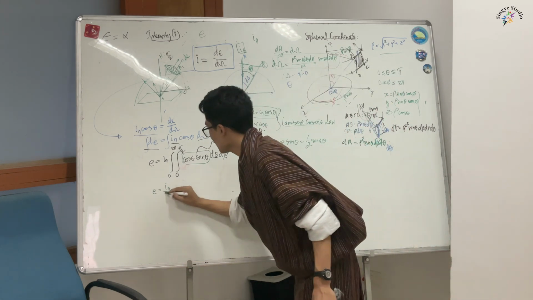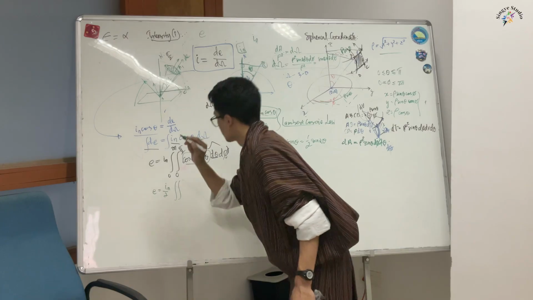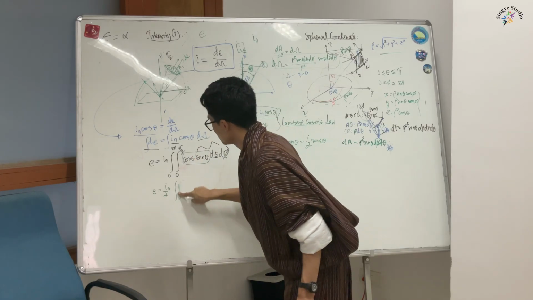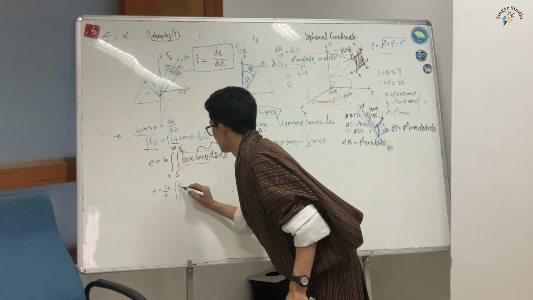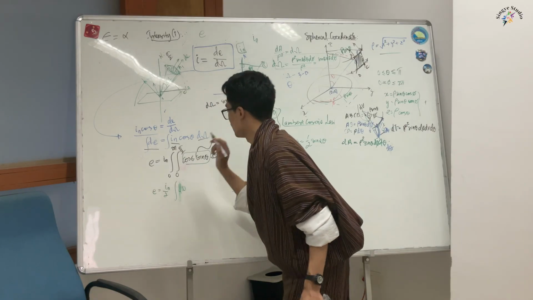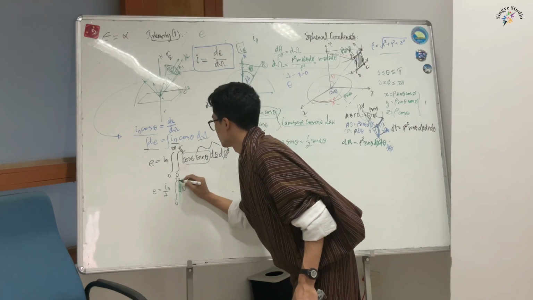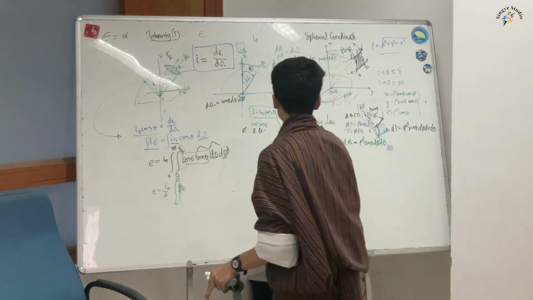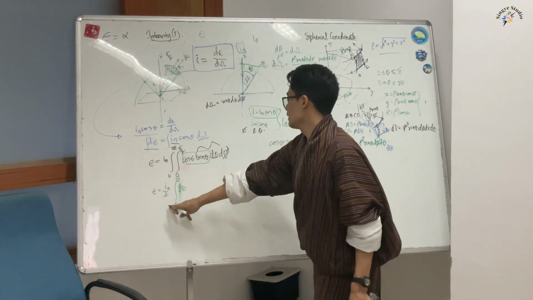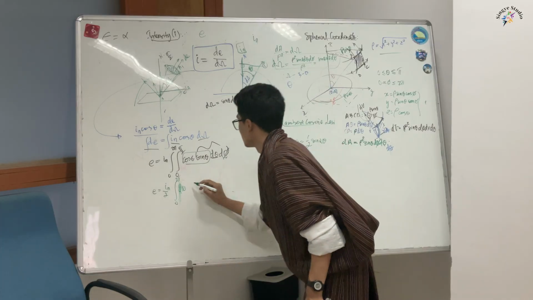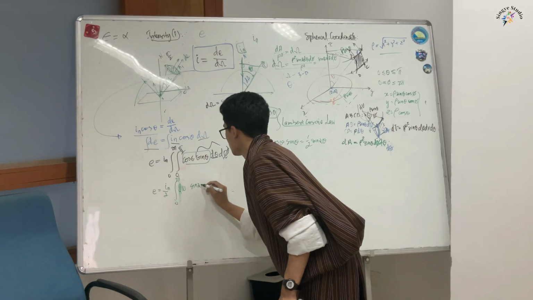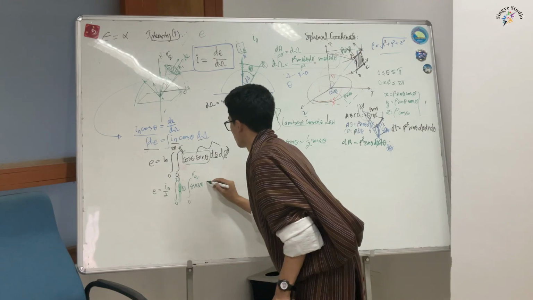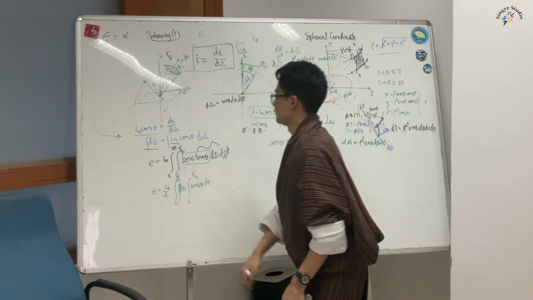I don't want to integrate phi right now, so I isolate the d phi here, with the 2 pi. Keep this aside, you don't need to worry about it. The only thing to worry about is, since 2 is already included here, I have only the integral of sin 2 theta, 0 to pi by 2, d theta.